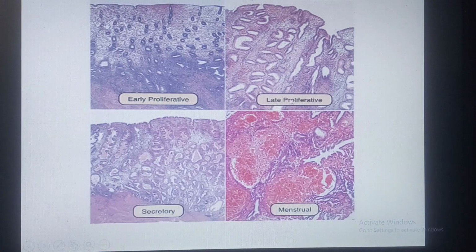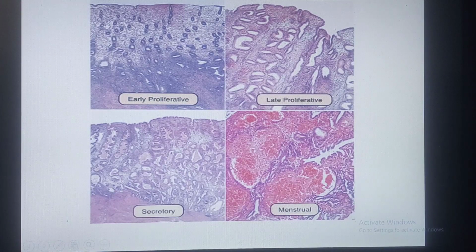Then at the late proliferative phase, as more estradiol is produced from the granulosa cells, the glands become even more tortuous and larger, and they start mobilizing glycogen, as you can see. Then you can even see the pits, and they are quite tubular. You can see the tubular glands.